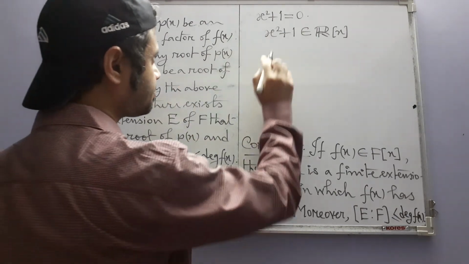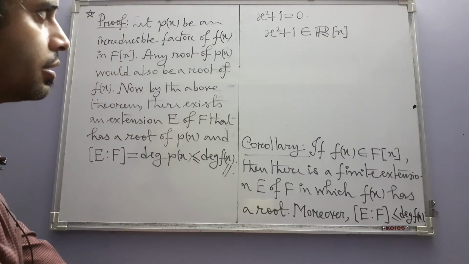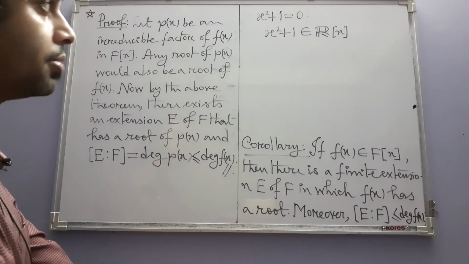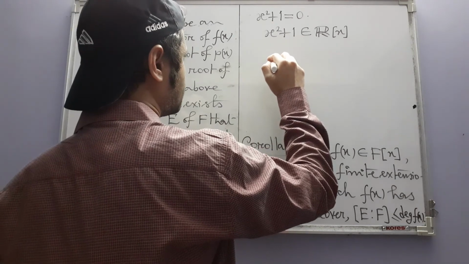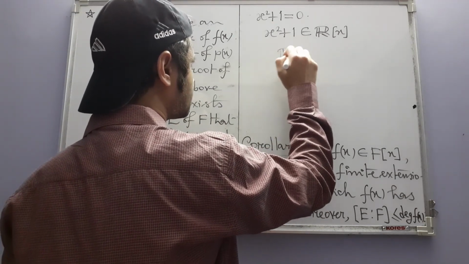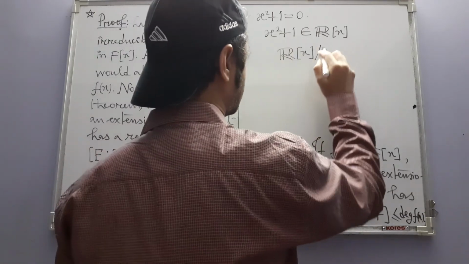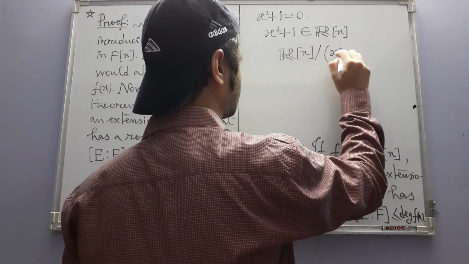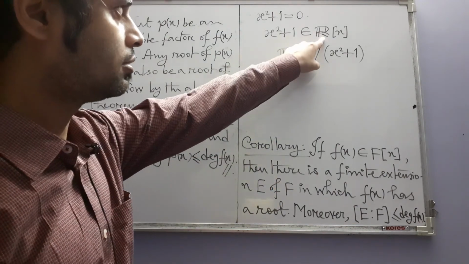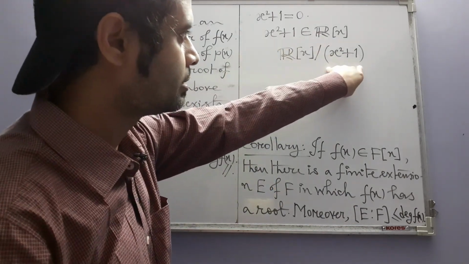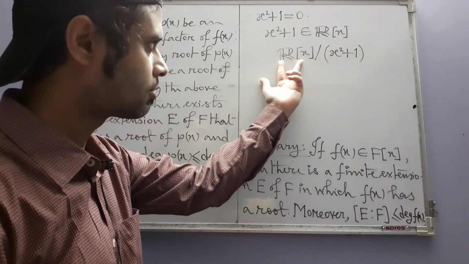So that is why we need an extension, and this particular polynomial is irreducible over R simply because it has no root in R. And so what one does is this: one considers this quotient ring. X square plus 1 is irreducible over R, so the principal ideal generated by x square plus 1 is a maximal ideal in this polynomial ring.